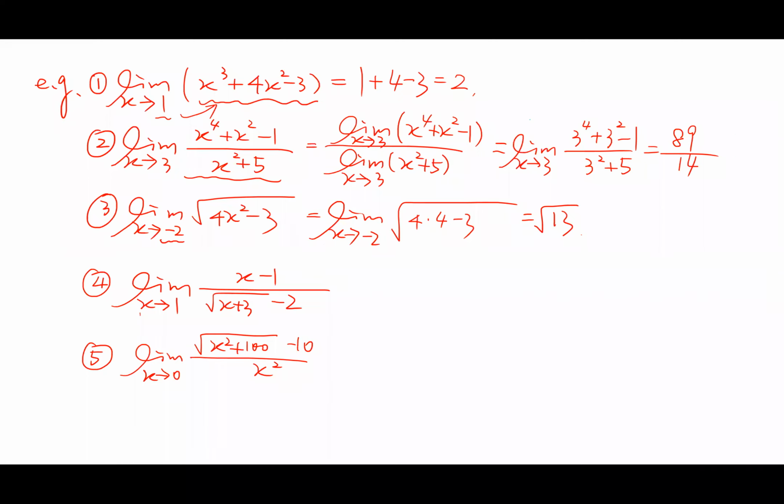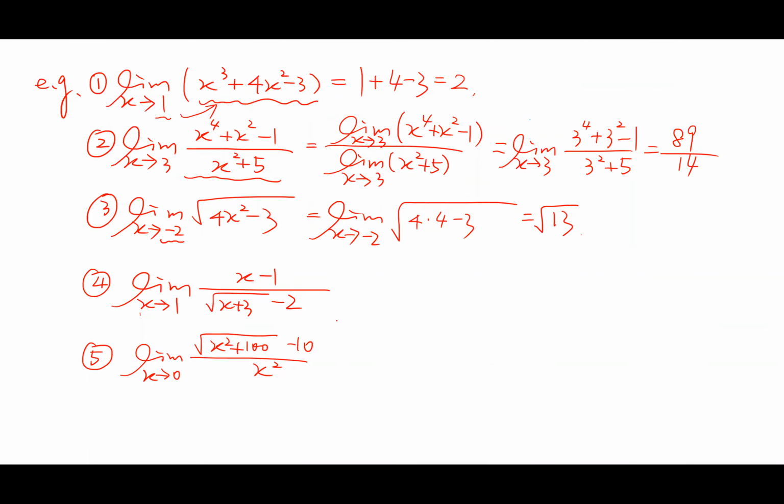Okay, so here let's solve number 4, and then I will give you some minutes. You can try to follow my steps to solve number 5. So here, when we substitute 1 into this function, we have numerator 0 and denominator 0.